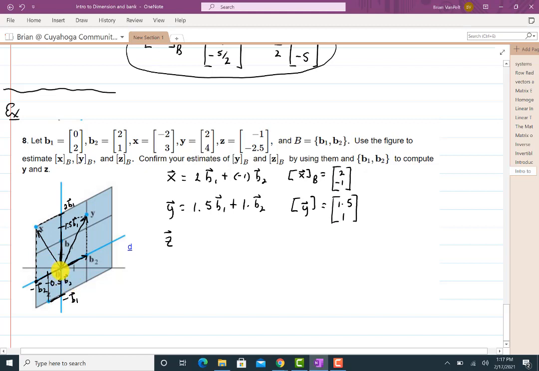If you're able to see this, I'd be amazed, but my z is located right there, and that is negative 0.5 b2 minus b1. So make sure you write it in order. So negative 1 times b1 plus negative 0.5 times b2. Forgot my little b there. And then z relative to the b basis is -1, negative 0.5.